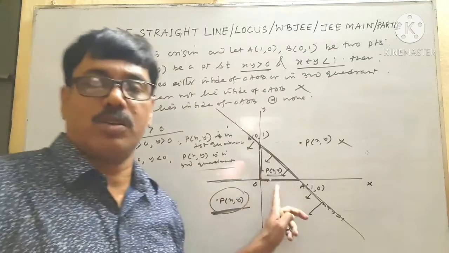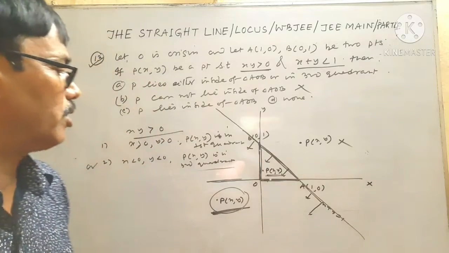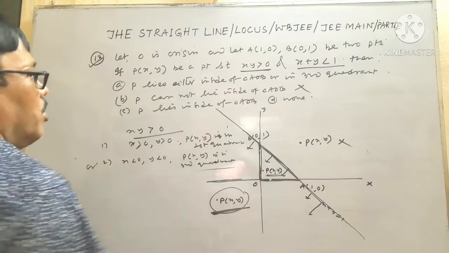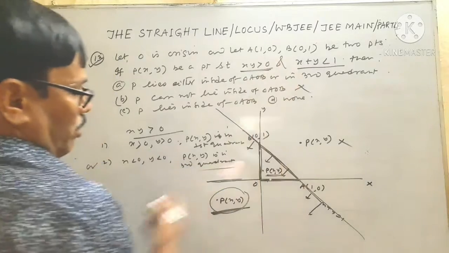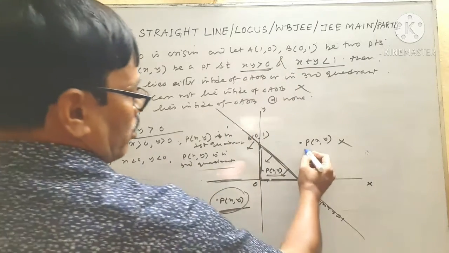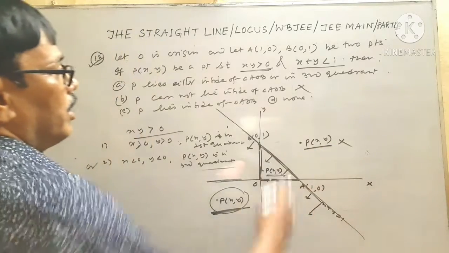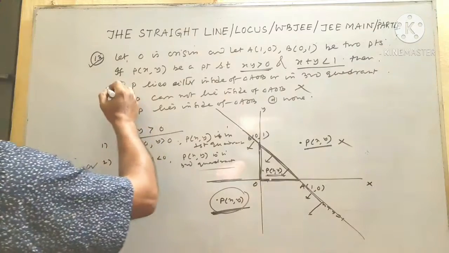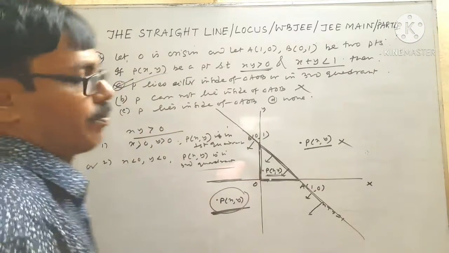This is not possible, because if xy is greater than 0 and P is in the third quadrant, then it is not inside.